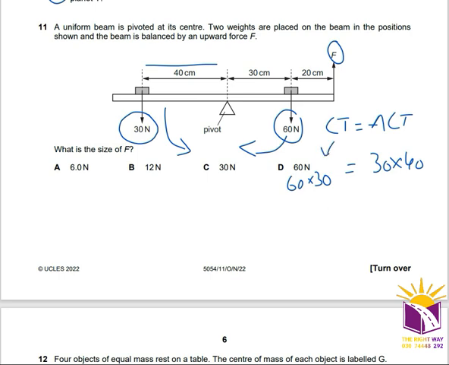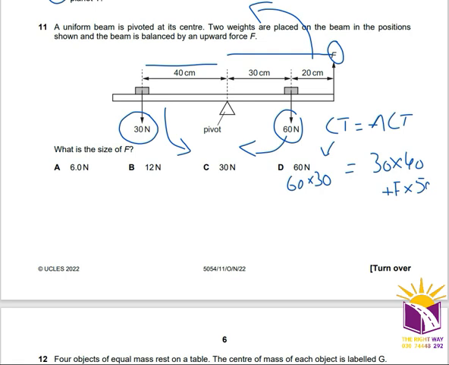And this force F will move in this direction, so it will be anti-clockwise. So adding it anti-clockwise, F multiplied by, what is the distance between the force and the pivot point?